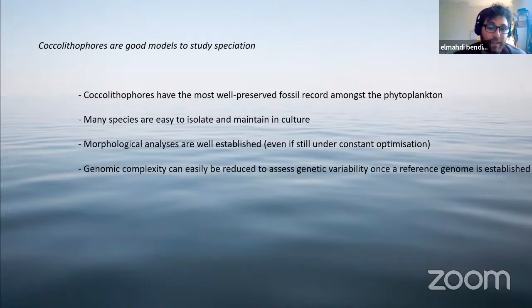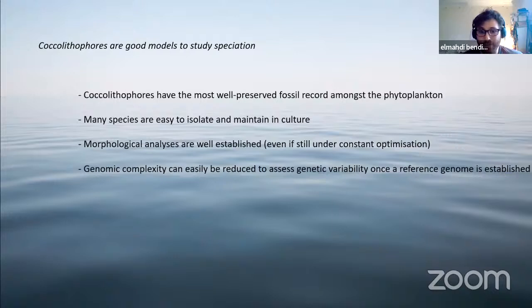So coccolithophores are good models to study speciation, and it's mostly due to the fact that they have the most well-preserved fossil record among the phytoplankton. Many species are easy to isolate and maintain in culture, and for most of those species in culture, the morphological analyses are well established, as well as for the fossils that are related to those species.